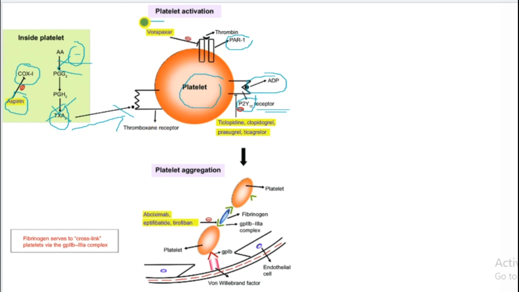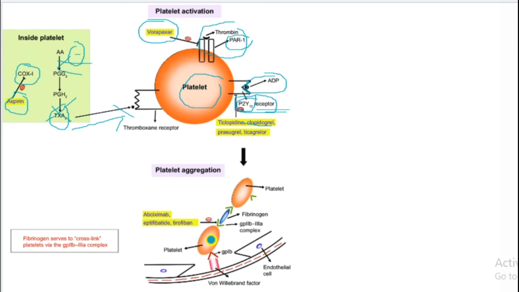And we have a drug, Vorapaxar, which inhibits this binding, and clopidogrel is another drug which can block the purinergic receptor, so platelet activation won't work.